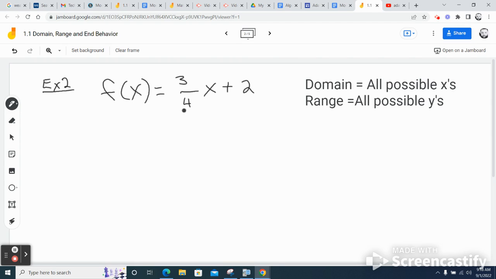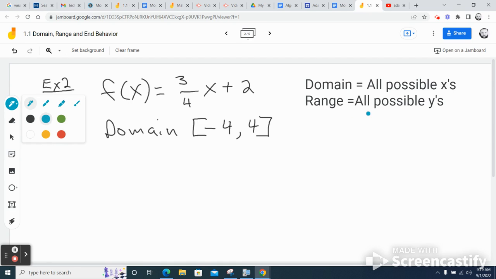And they're telling us, consider the domain. Let me write that over here. A domain of x equals -4 to +4. Okay?